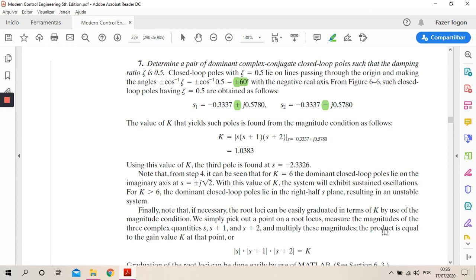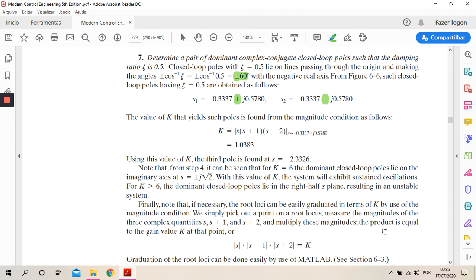The value of k that yields such poles is found from the magnitude condition as follows. The gain is going to be equal to the magnitude of s times s plus 1 times s plus 2, for s being equal to one of the poles.